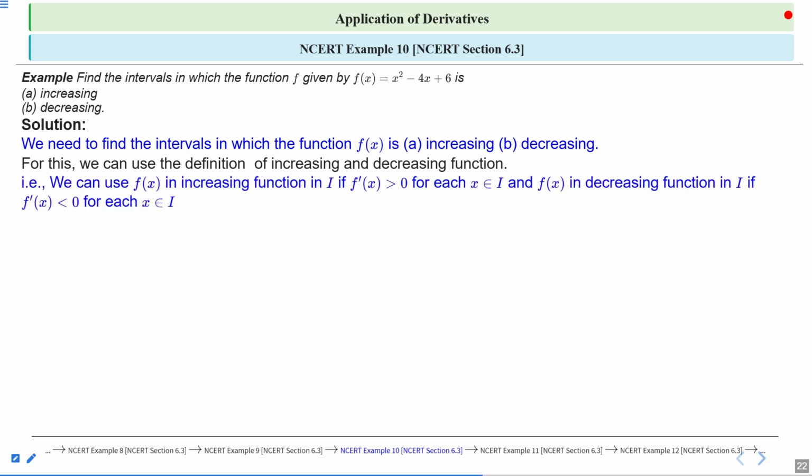That is, f(x) is an increasing function in I if f'(x) is greater than 0 for each x belongs to I, and f(x) is a decreasing function in I if f'(x) is less than 0 for each x belongs to I, right? Clear?